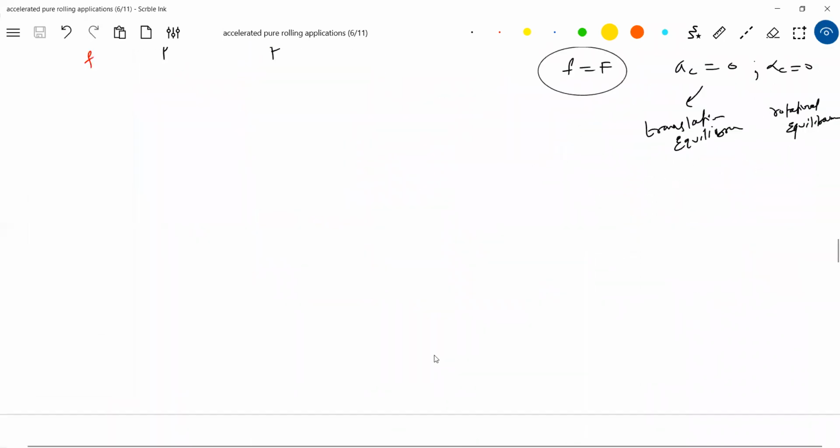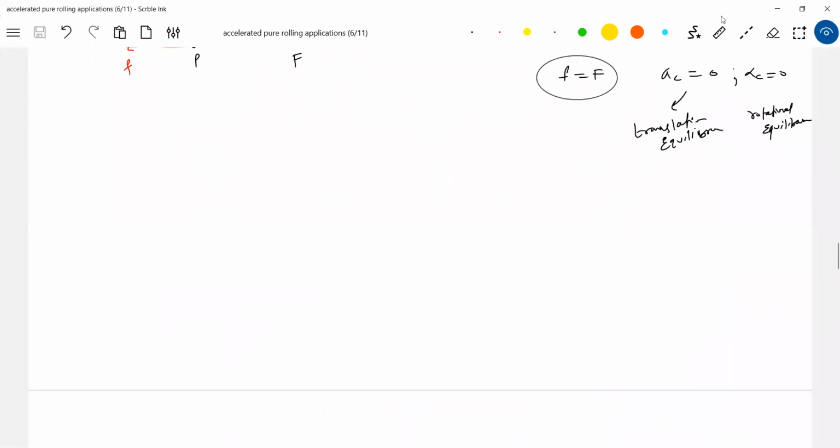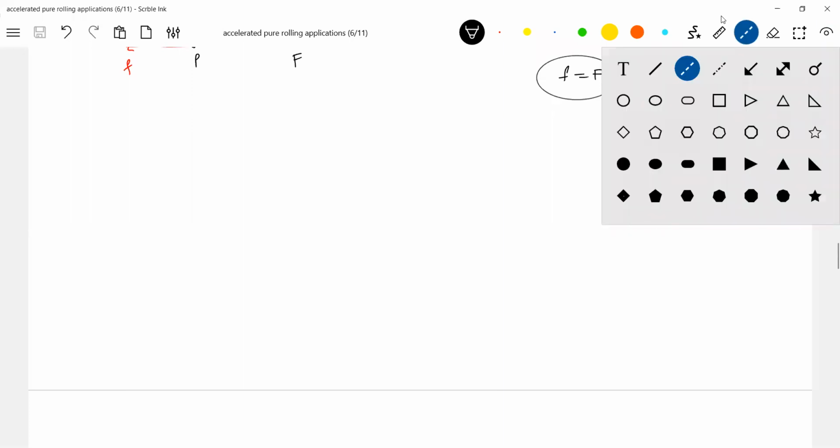Now, what we discussed is only for one force acting on a rigid body. What happens if the rigid body is acted upon by more than one force? How do we study that?